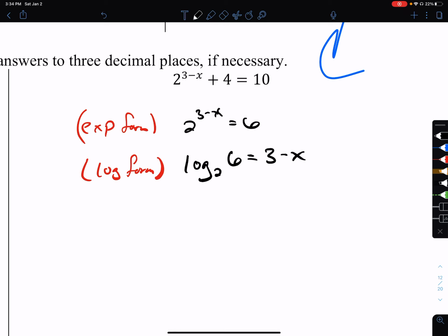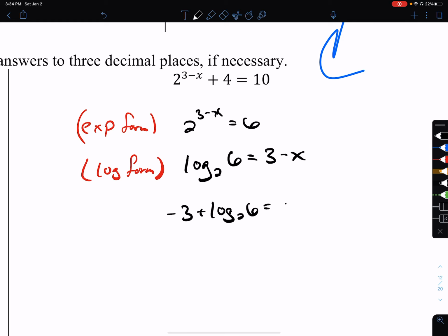Now, what is log base 2 of 6? That's asking the question, 2 to what exponent is 6? 2 squared is 4, 2 cubed is 8. So it's 2 point something. Who knows what that is? So we'll leave it alone and get x by itself. Going to subtract 3 from both sides.